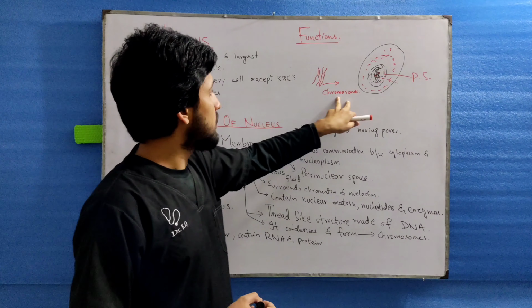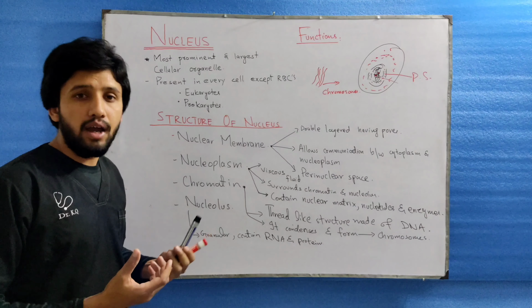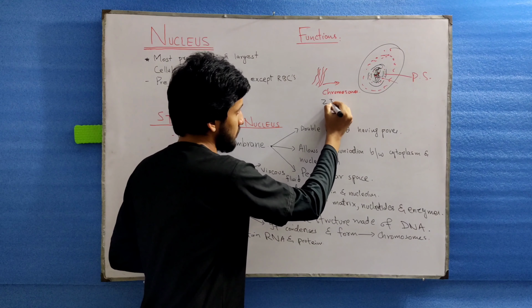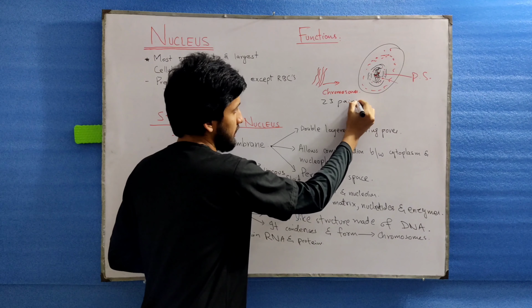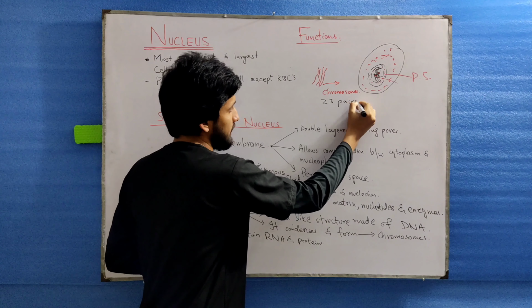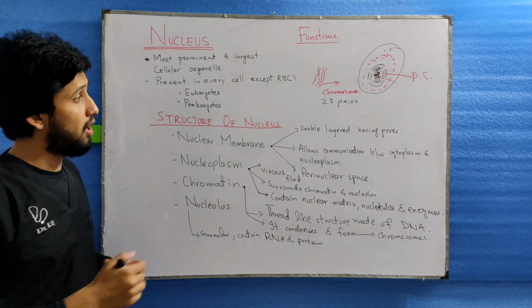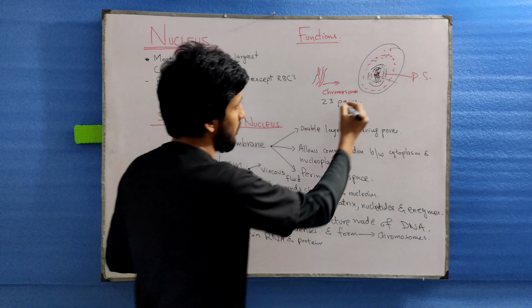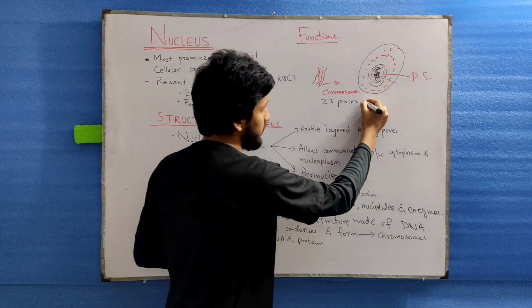Every cell in our body contains 23 pairs of chromosomes. These cells are called diploid cells, except for an exception, which is reproductive cells, gametes or sex cells.